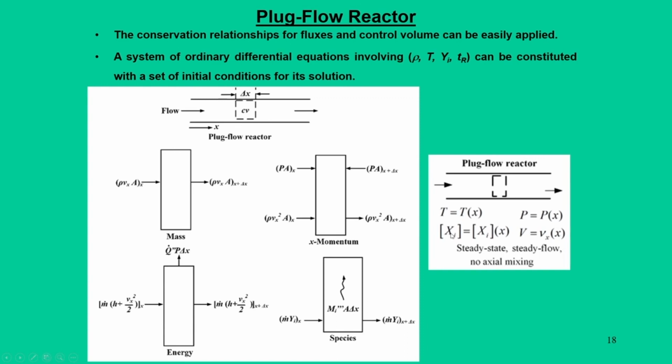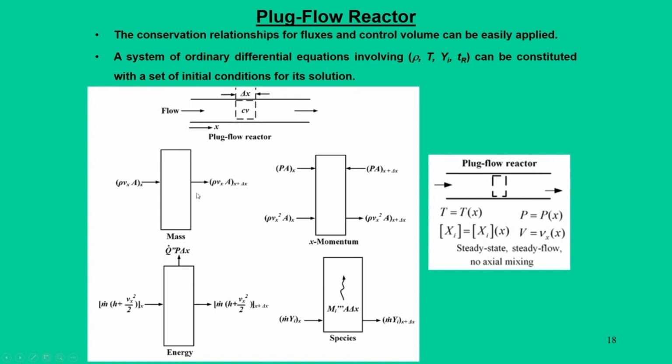I am not going to go deep into details, but just to see how the four governing equations are modeled. One is the mass equation. We can say there is a flow, we can assume some elementary length dx, and across that length we can find a control volume.